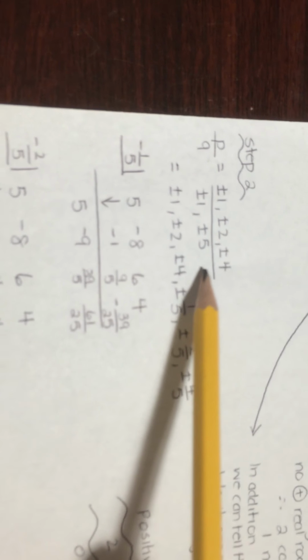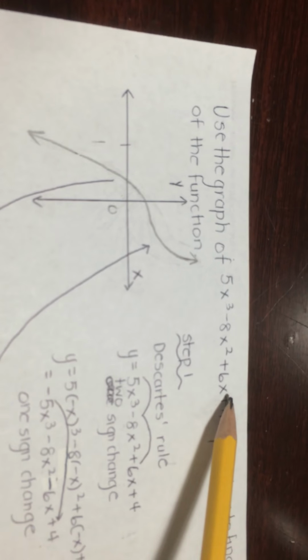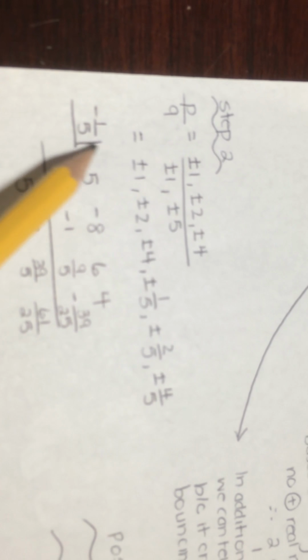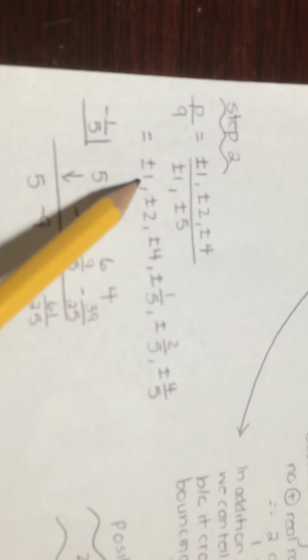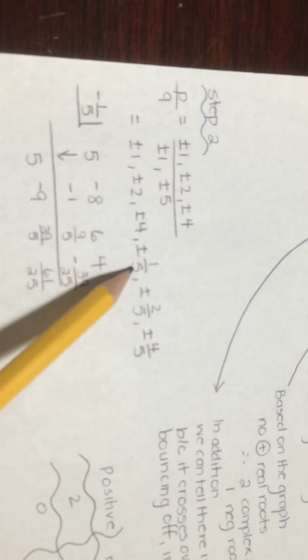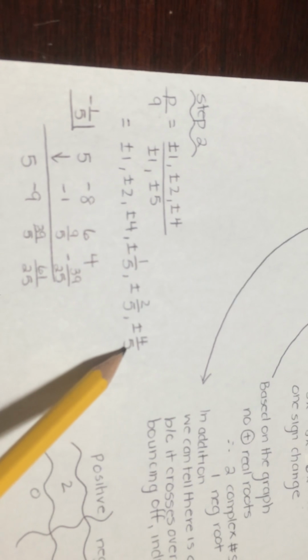So the second step is to find all possible rational roots by factoring out 4 and 5. Below are the possible rational roots, which are plus minus 1, plus minus 2, plus minus 4, plus minus 1 over 5, plus minus 2 over 5, plus minus 4 over 5.